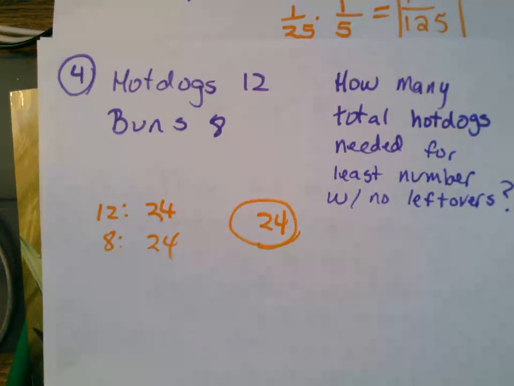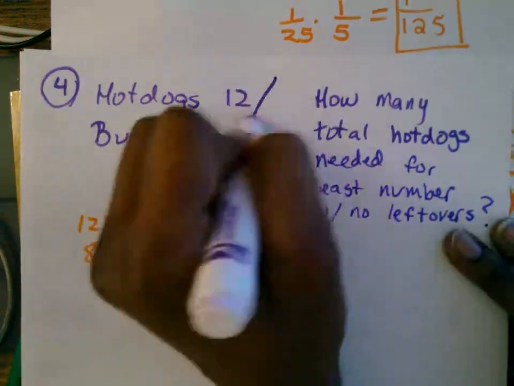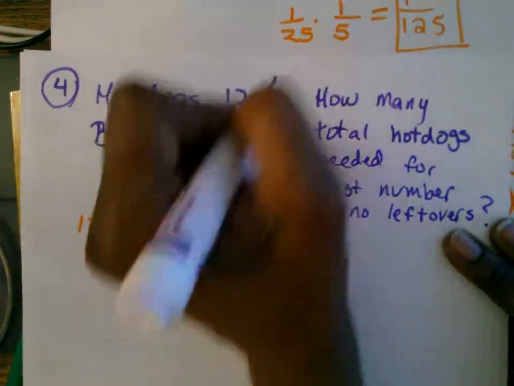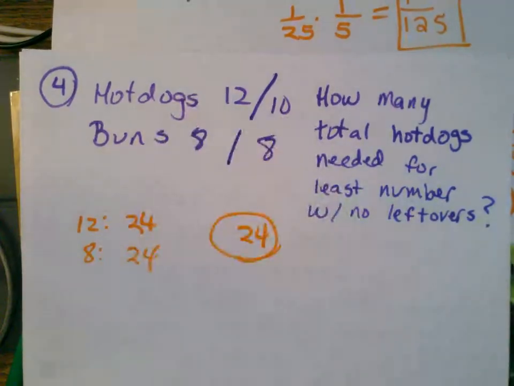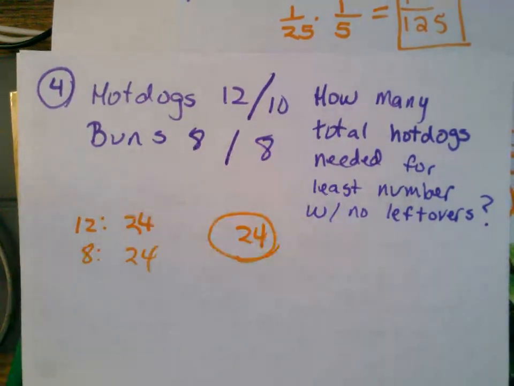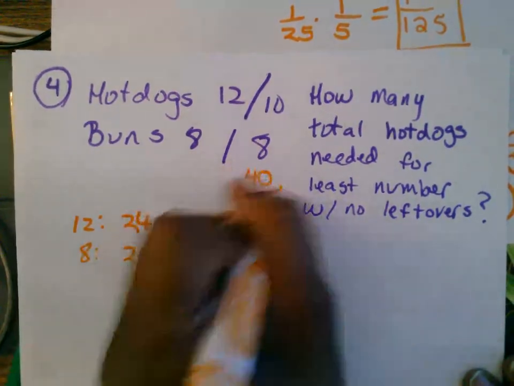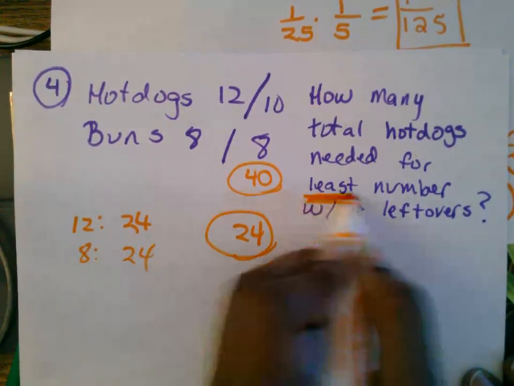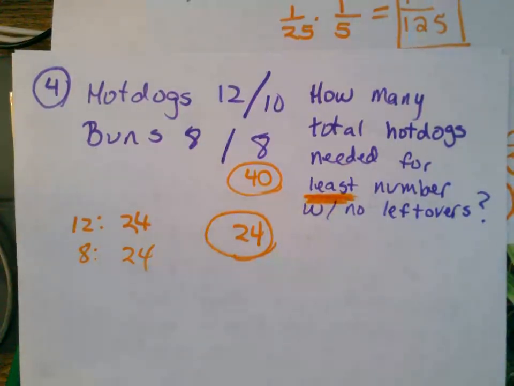What if it was 10 and 8 instead of 12 and 8? What would the number be then? 80. Lower. Oh, least. 40. The least, okay? Underline the word least. That's going to be important.